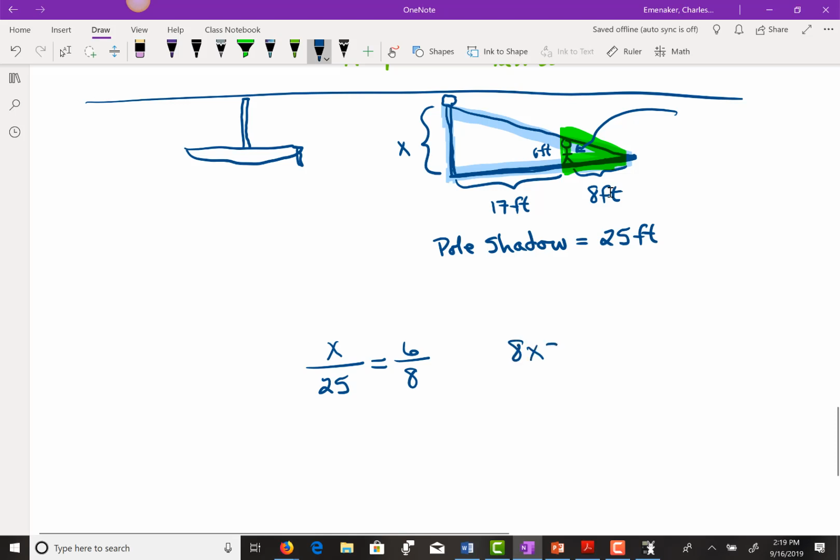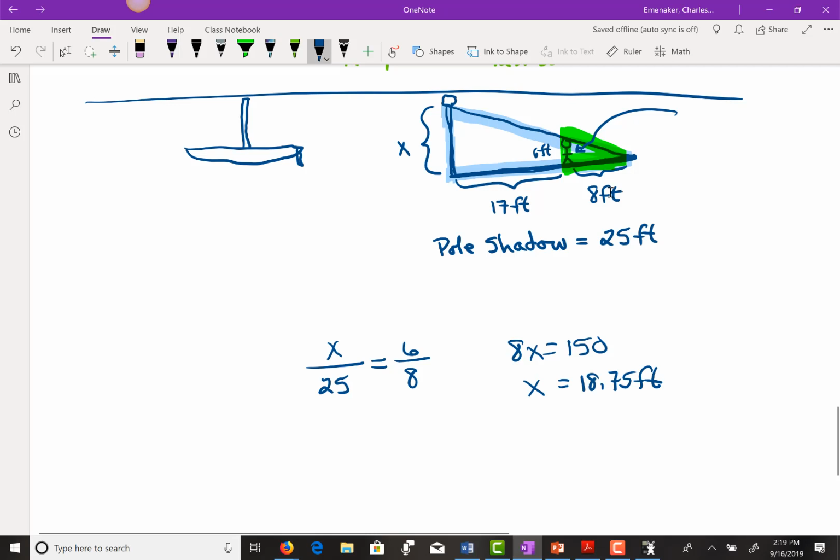We get 8x equals 150. X is going to be 150 divided by 8, which is going to give you 18.75 feet. What's 0.75 feet mean? Well, it's going to be in inches, right?